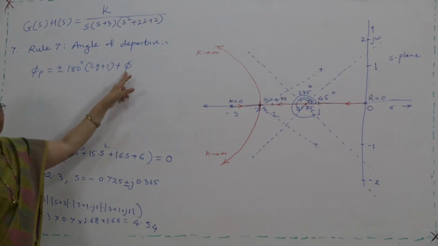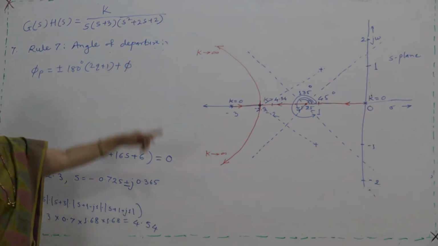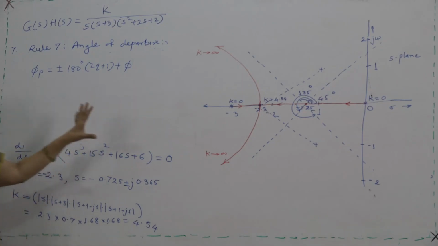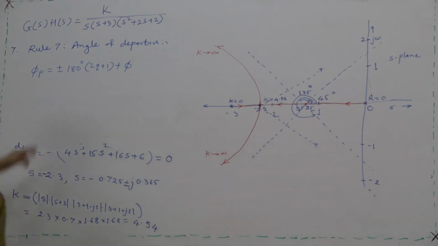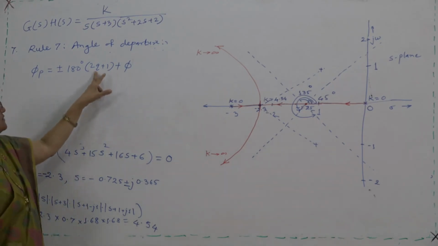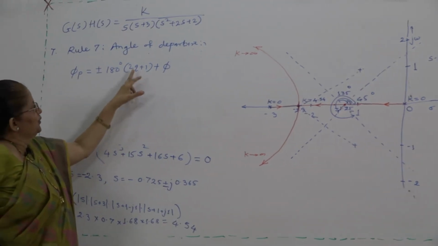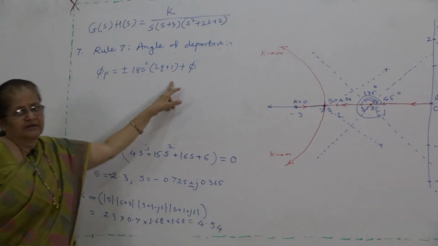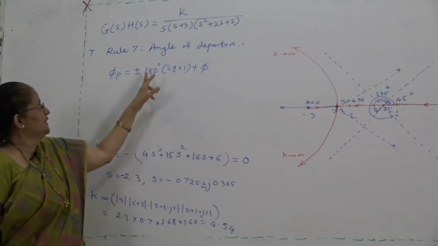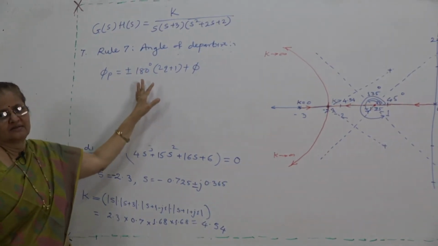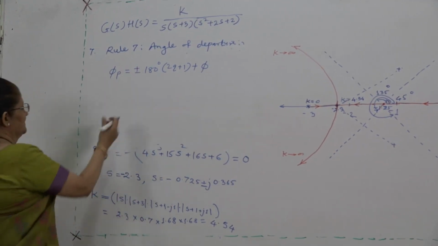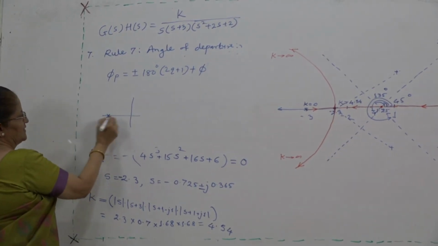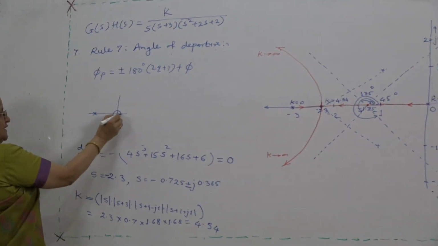What does the formula say, or in the rule it is said, the angle of departure from a pole P, phi P, is equal to plus minus 180 degrees (2q plus 1) plus phi. What is phi? Phi is the contribution of angle at that pole from all other open loop poles and zeros, where q is varying from 0, 1.